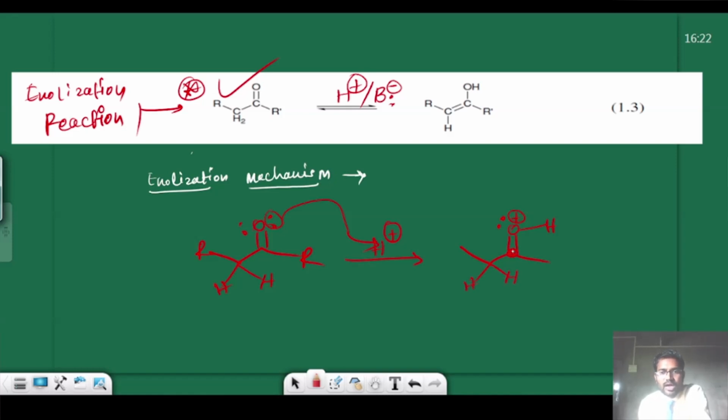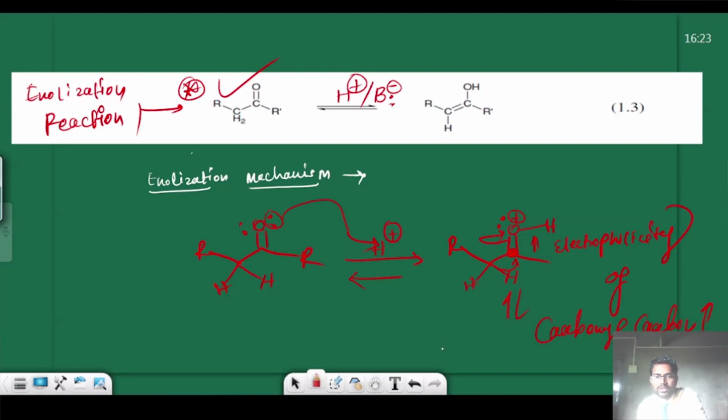The electrophilicity of this particular carbonyl carbon increases. When the electrophilicity of the carbonyl carbon increases, this bond will break like this, and there is a formation of a new pi bond, and this pi bond will open up.